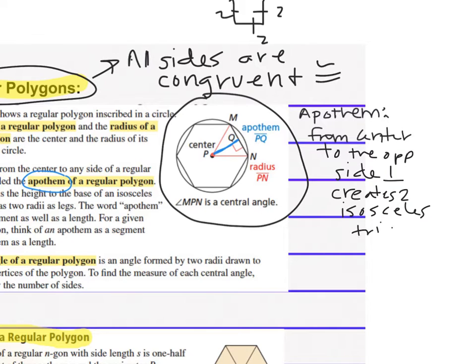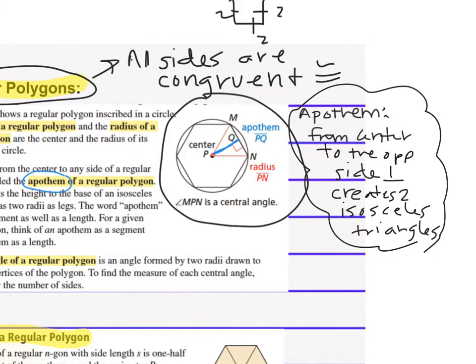I don't know if I spelled that right. More about those two isosceles triangles and how that can be useful in solving problems will come up in example 3, possibly example 4. But the apothem is this blue line PQ in the diagram. PQ is my apothem. It goes from the center to the opposite side, it is perpendicular, making a right angle, and it creates two isosceles triangles.